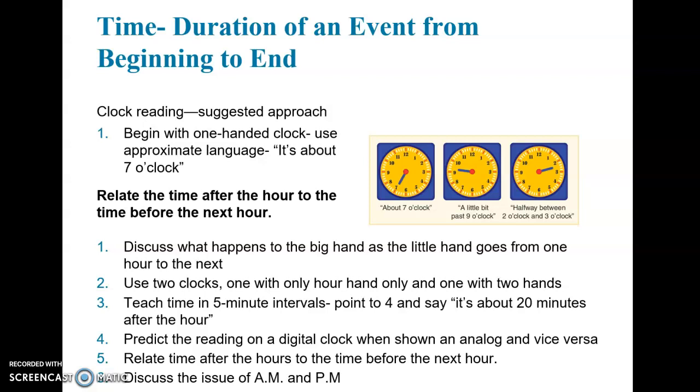Instead of saying the minute hand is pointing at the 4, transition students to precise language. Predict the reading of a digital clock when shown an analog clock and set along the analog clock. Relate the time after the hour to the time before the hour.